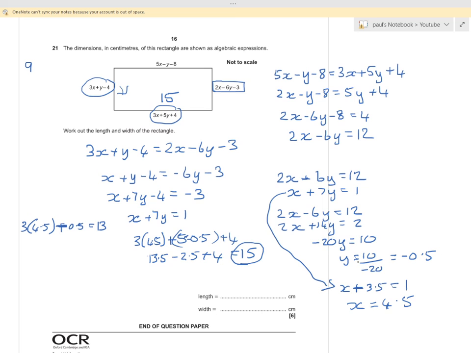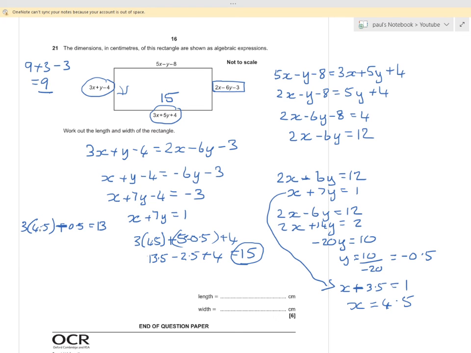Minus 6y. Minus 6 of those, so 6 of those is minus 3. So minus 3 is plus 3. So 9, 10, 11, 12. Take away 3 equals 9.